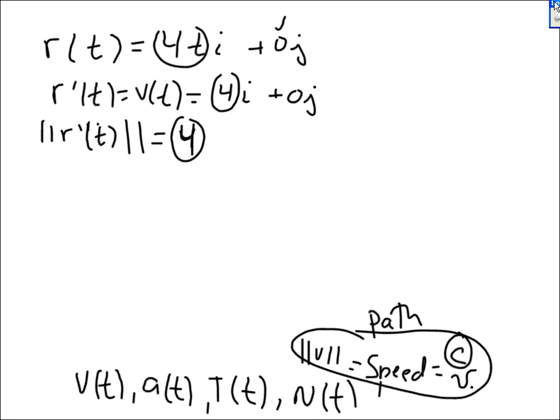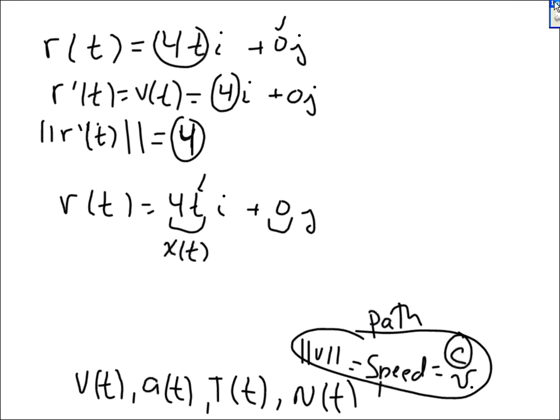The speed is constant. What about the path? Probably should have talked about that first. 4ti, that's x of t. If you plug in t's, you get back x's. Plus 0j, that's y. That is, y is always 0.